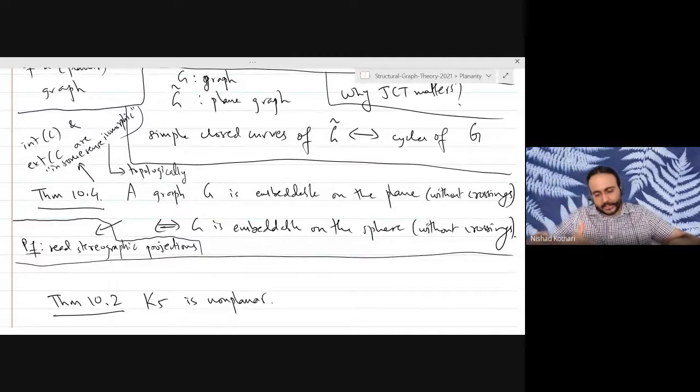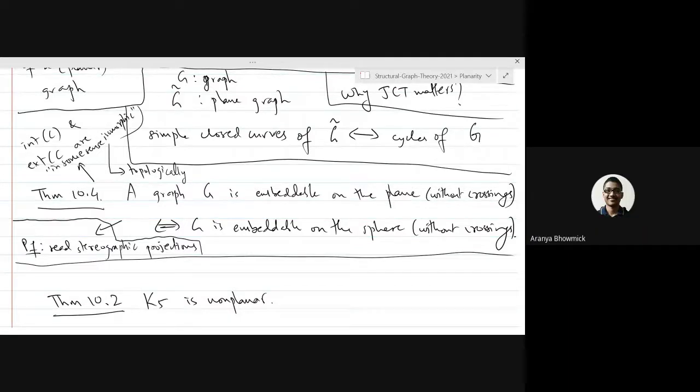That's a projection that takes anything from the plane onto the sphere. And what you observe is that by doing so, you don't introduce crossings. If there were no crossings in the original drawing, then there will be no crossings in the projected drawing onto the sphere. And therefore, you will get an embedding on the sphere without crossings. So basically, embeddable on the plane implies embeddable on the sphere without crossing.